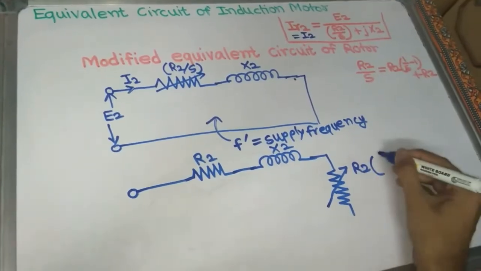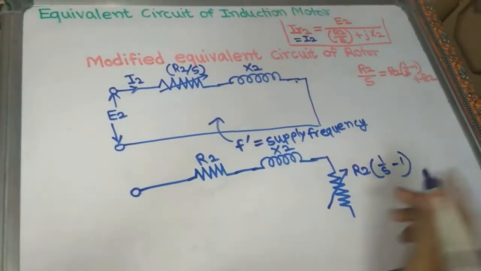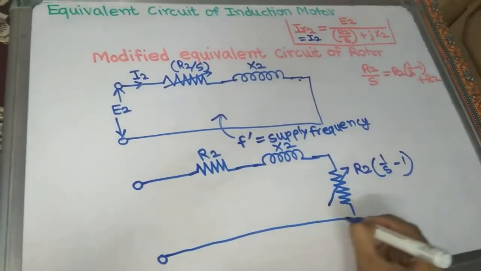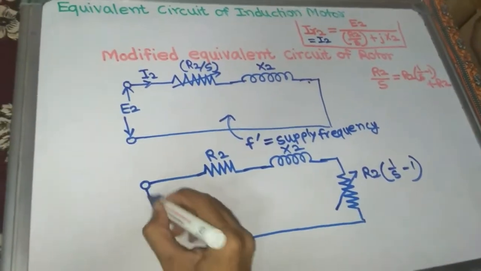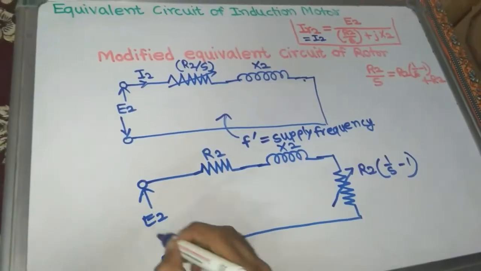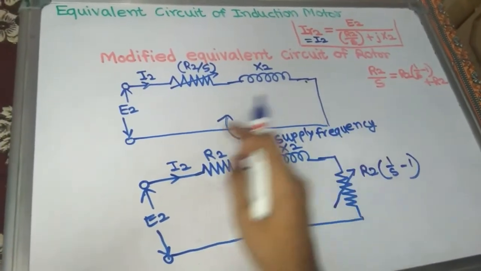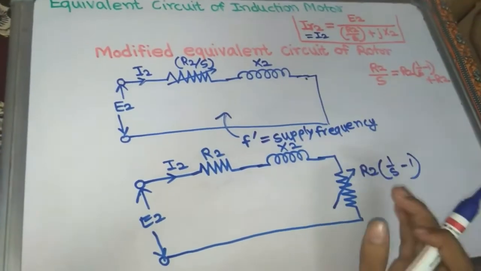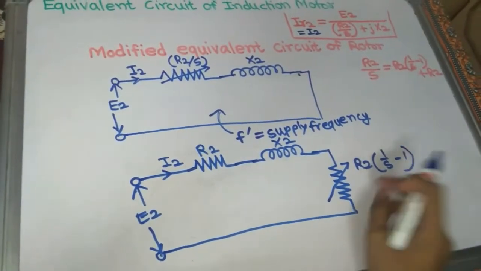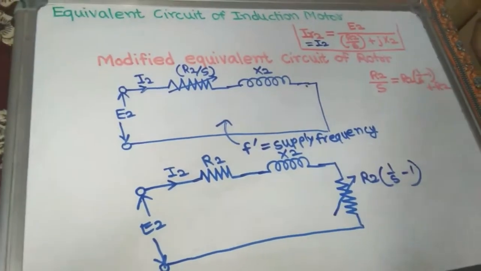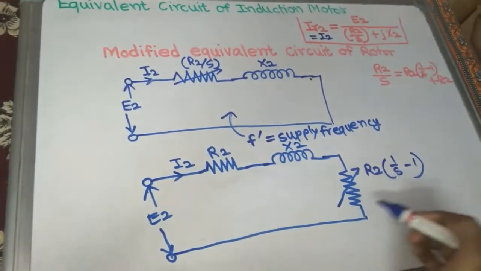This is R2 in bracket 1 by S minus 1, the electrical equivalent of mechanical load, and now the circuit is completed. And this is the rotor induced EMF E2 as usual, and the current flowing through the rotor is I2. So all the things are now independent of slip except the load which we have connected here. This load is the electrical equivalent of mechanical load, so only this is varying.